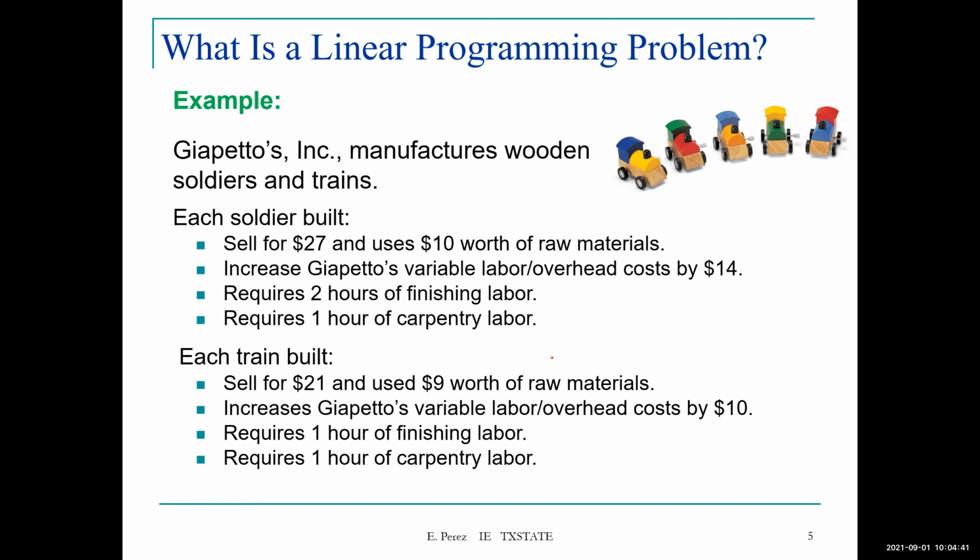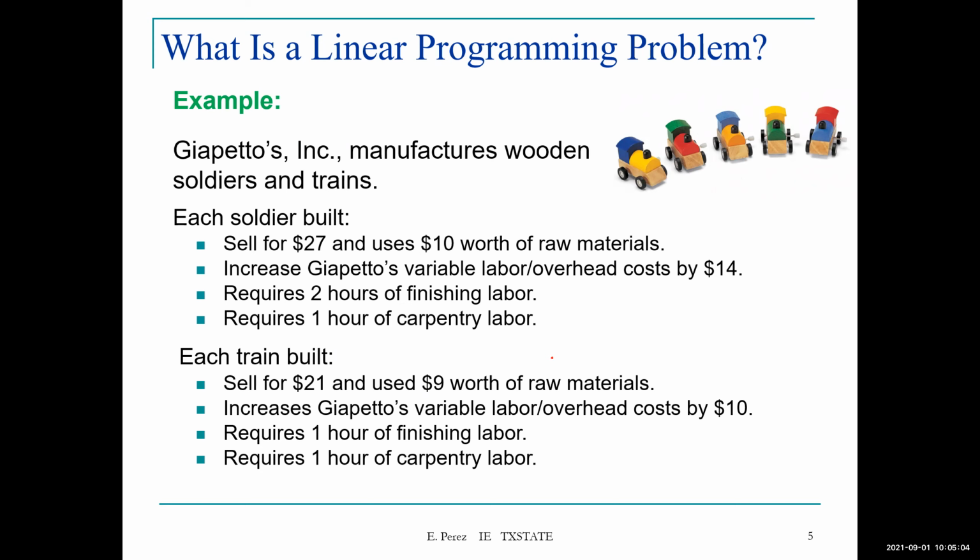And how about we have two laborers? We have, yes. This is telling you how much you need per product to produce one unit. We need 1 hour of finishing labor and 1 hour of carpentry.